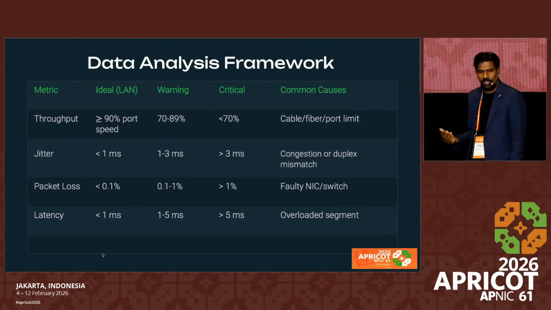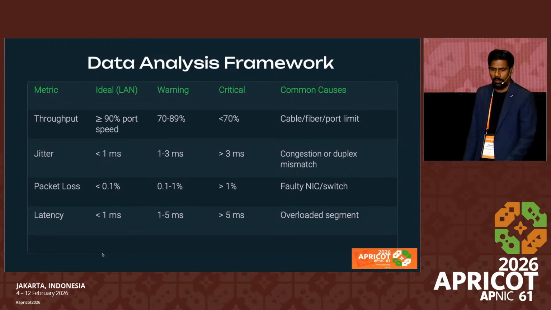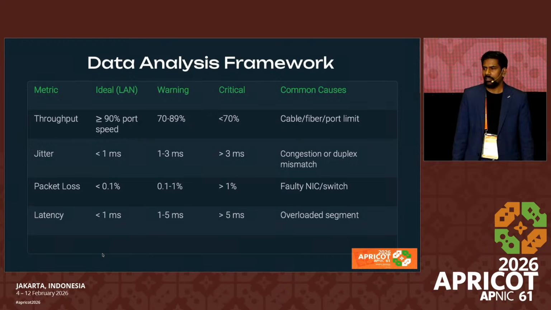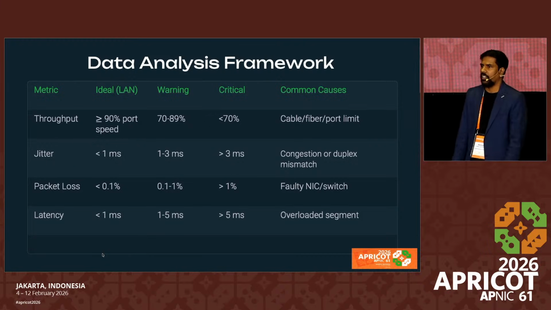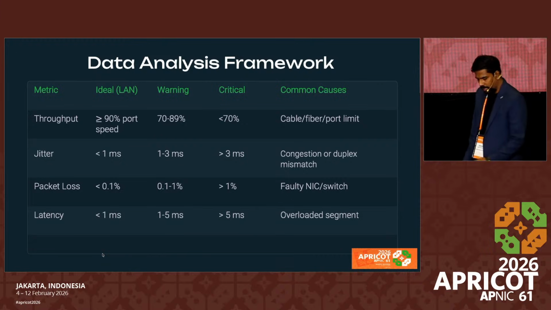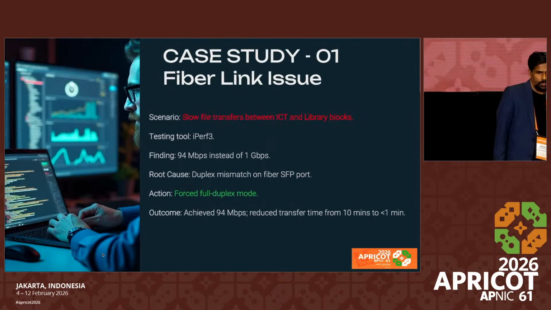The third one, if there is packet loss less than 0.1, it might be a problem with the network card or switch port. The last one, latency. If it is less than 1 millisecond, it might be overloaded segments. So this is how we get the analysis after finishing our case studies.